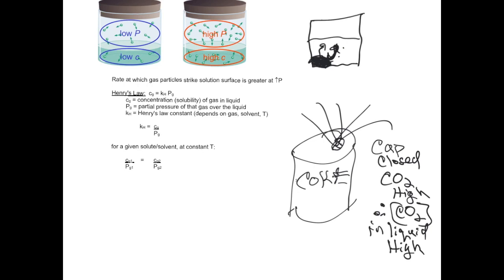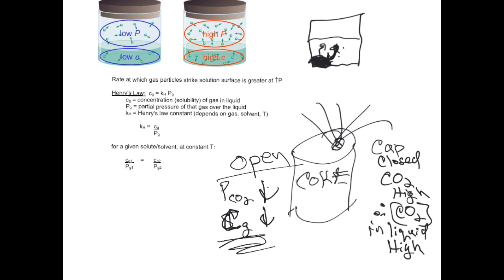When you open this, partial pressure of CO2 decreases rapidly. And so does the solubility of that gas. So the concentration of that gas also decreases rapidly. And when it happens rapid enough, all the CO2 just starts squirting out of the can, and it pushes a lot of liquid with it. So you've all experienced Henry's law. And so I'd like you to be able to explain that relationship.